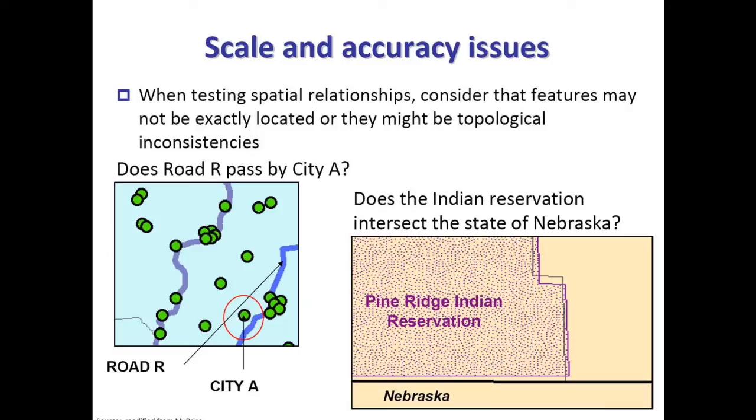So an example here would be that the city's supposed to be on the road instead of off of the road. Or here, if you were doing any sort of a containment or an intersection operator, you would get a false result because these two boundaries are supposed to be lining up.